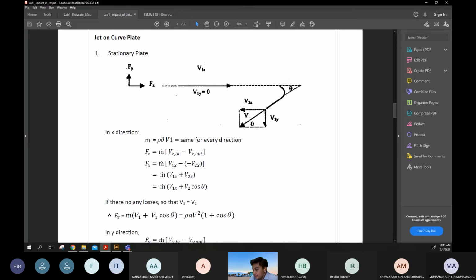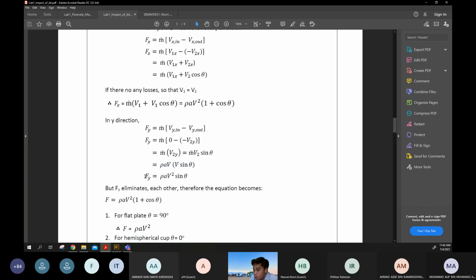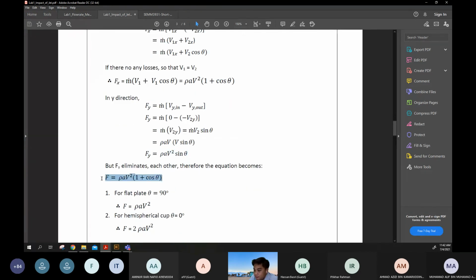The bottom side is facing downward, the top side is facing upward, so we cancel each other. So Fy is eliminated. For the final force, we only consider Fx, which is Fx equal to all this term.